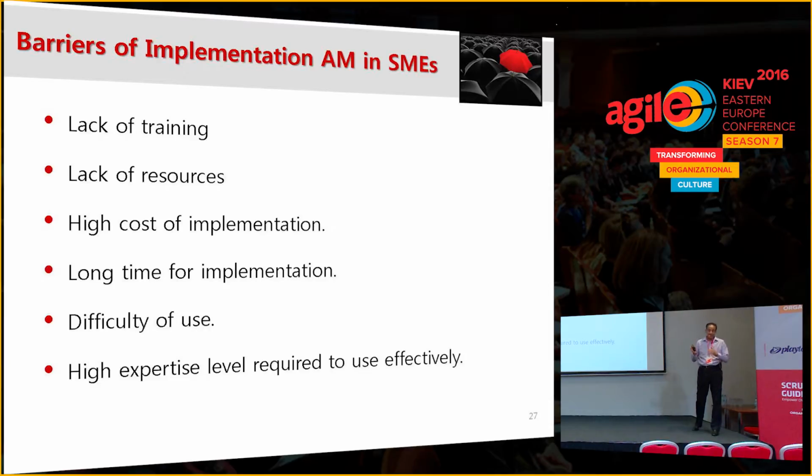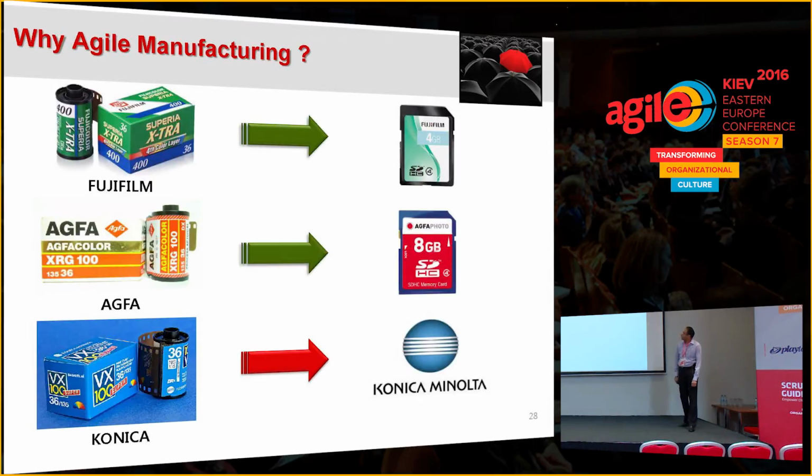But if you say this needs at least 1 year to get a benefit, they will refuse it. Difficulty of use. As I said, they need an expert to apply the model, to give the company the right consultancy. So this will cost them money, and this is why they refuse as well. High expertise is required to use it effectively.